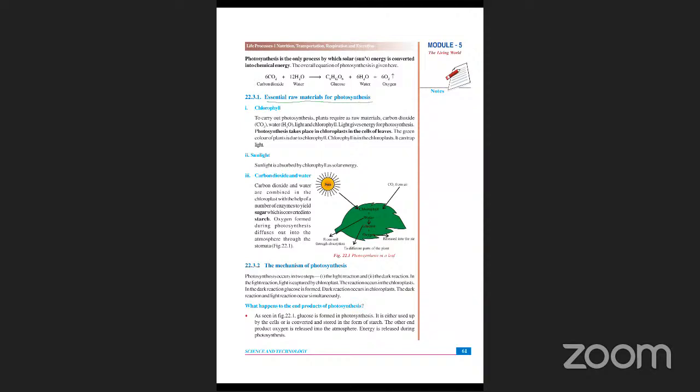Okay. So, like making bhindi ki sabji, we need lady finger. We need some masala, oil, this thing. Then only we can make bhindi ki sabji. In the same way, chlorophyll, sunlight, carbon dioxide, these are the essential raw materials for photosynthesis.